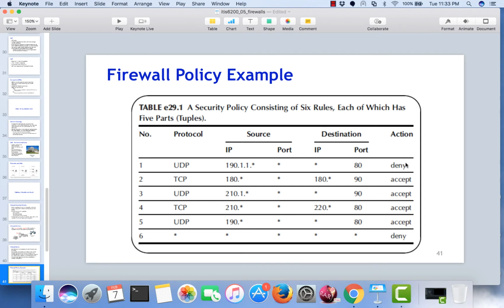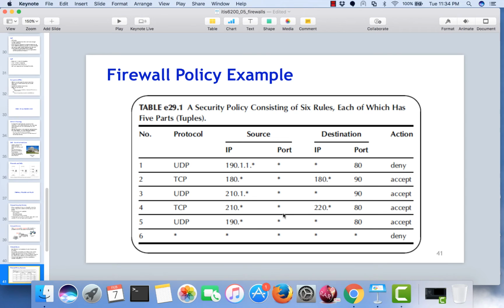Then number 2 is any TCP protocol with the IP address beginning with 180. It can communicate over any port to any destination IP address with the 180 only over port 90. It will allow that communication, and you can see how that goes, so forth and so on.